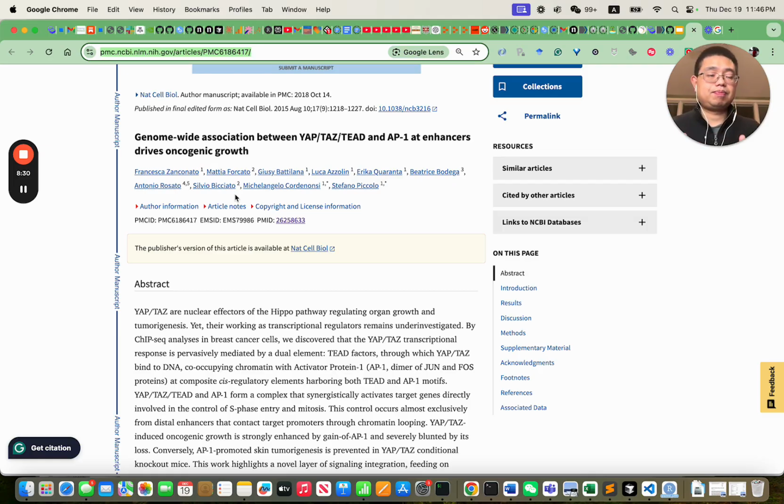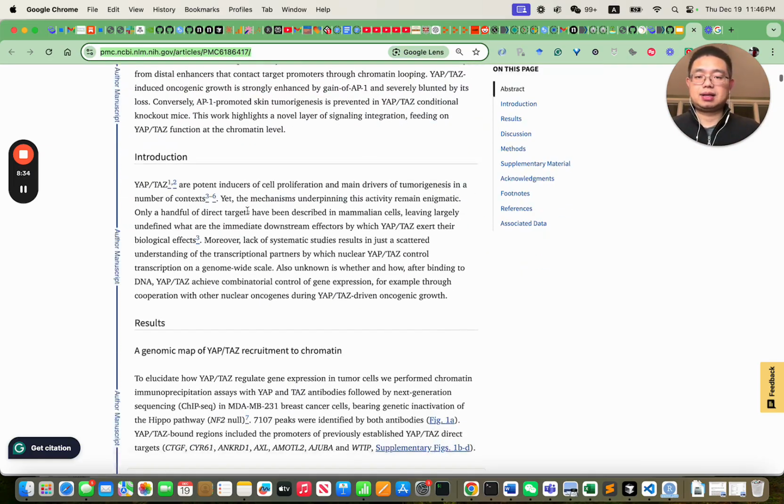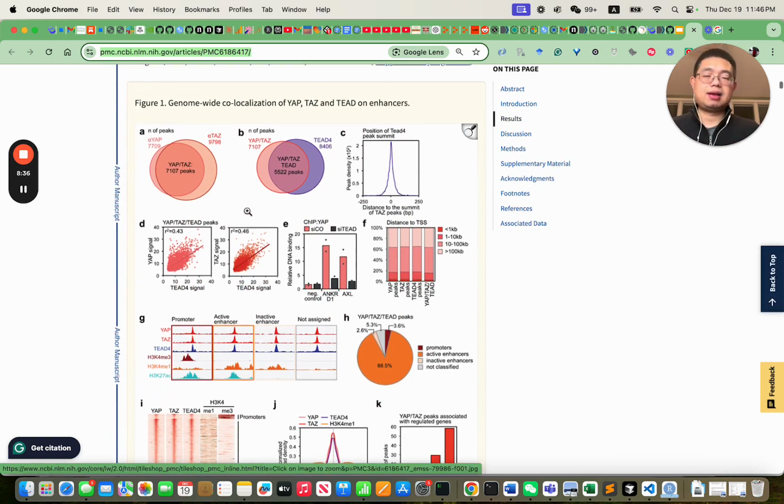In this paper, they performed a lot of ChIP-seq analysis. In figure 1A and B, those are Venn diagrams, which I didn't talk about in my slides, so that's why I said 90% of the plots. But you can include a Venn diagram as well.